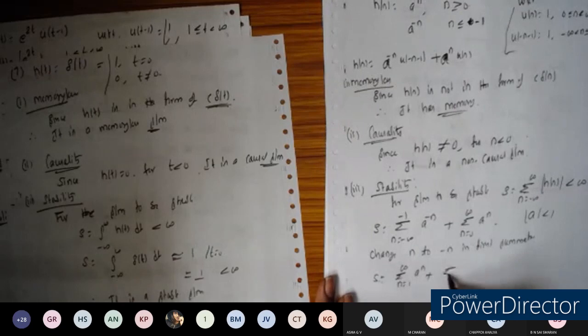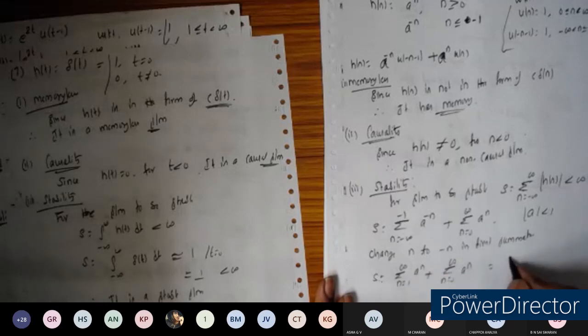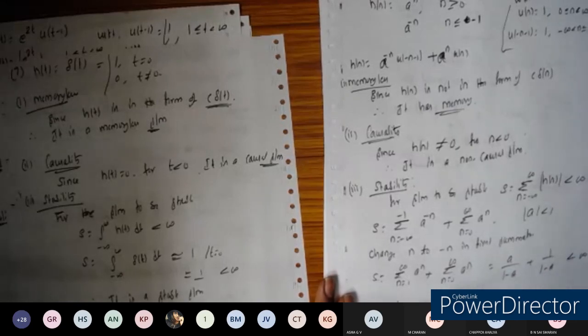We already did this problem. The second one is summation n equal to 0 to infinity of a to the power of n. For the first one, it becomes a divided by 1 minus a. For the second one, it becomes 1 by 1 minus a, which is less than infinity, because the value of a is less than 1.